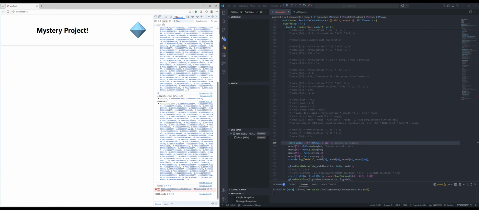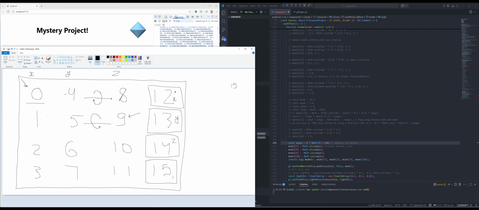We will do it anyway. We'll get rid of these ones. And get rid of these ones. Okay. So, Y rotation now?